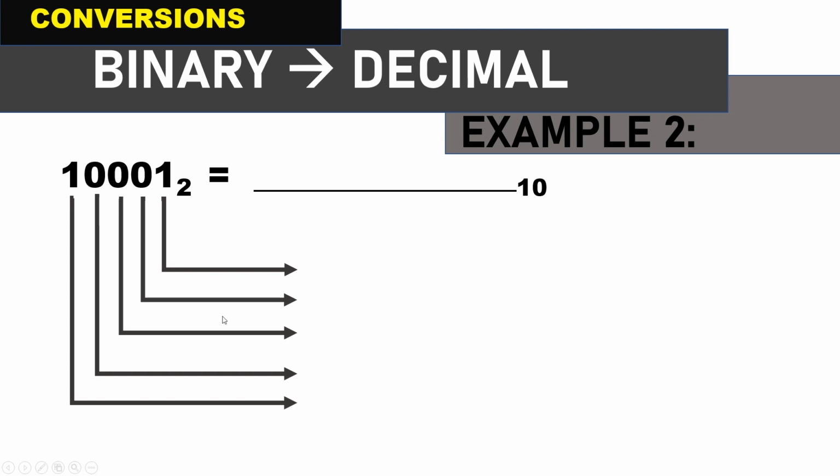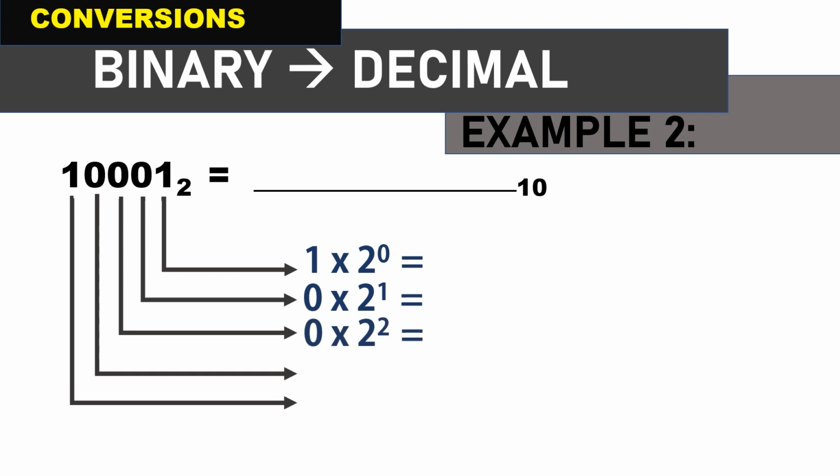Okay, so we have 1 times 2 raised to 0, followed by 0 times 2 raised to 1, then 0 times 2 raised to 2, 0 times 2 raised to 3, and we have 1 times 2 raised to 4. Okay, so my advice is, even though you have 0 digits, you must follow this step so you will not get a wrong answer.